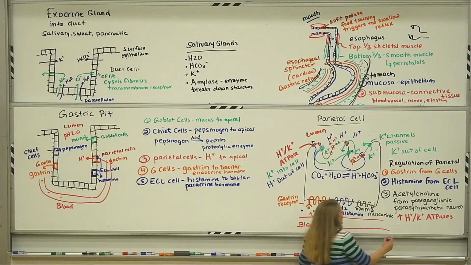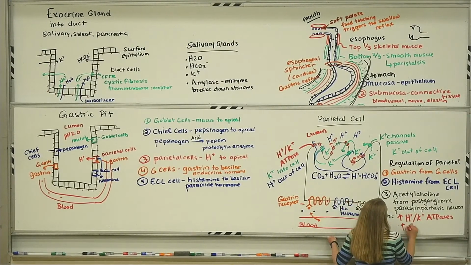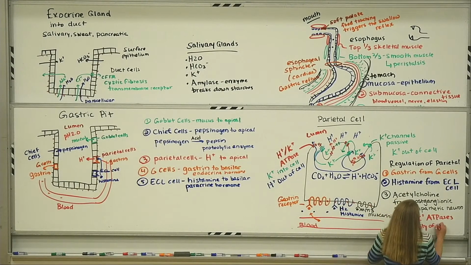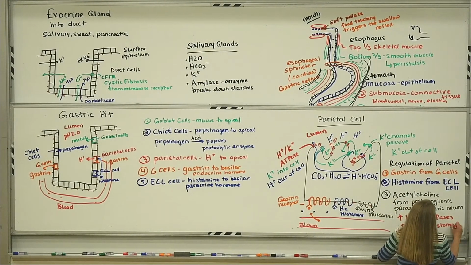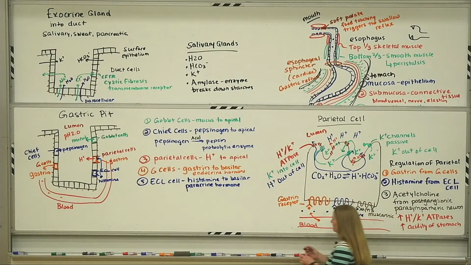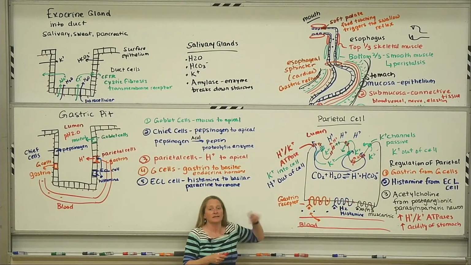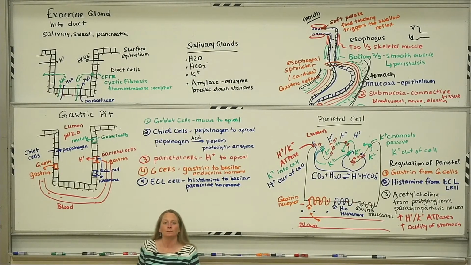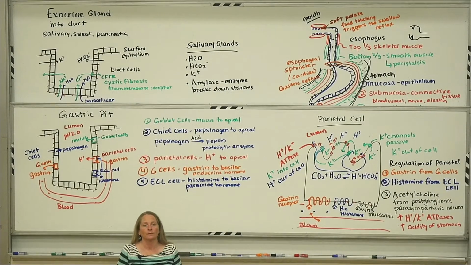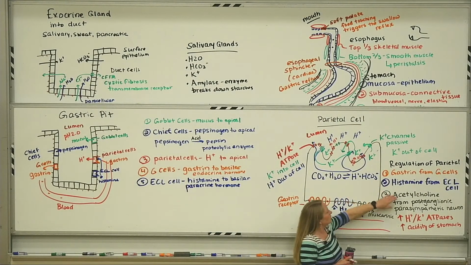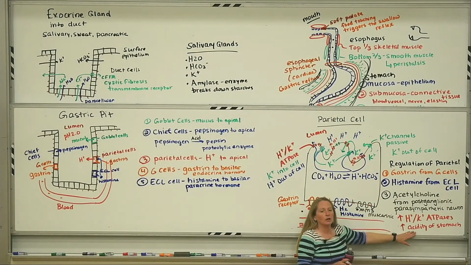Okay, so the end result here is that you're going to increase the acidity in your stomach. So all three of these mechanisms, the gastrin, the histamine, acetylcholine, all are going to increase those channels and increase your total hydrogen ion concentration.